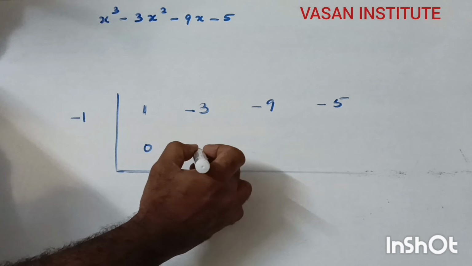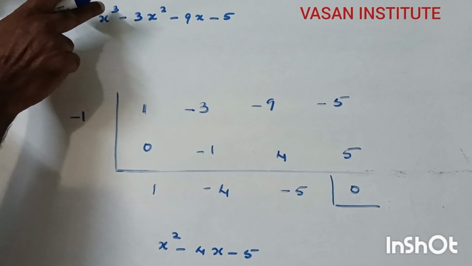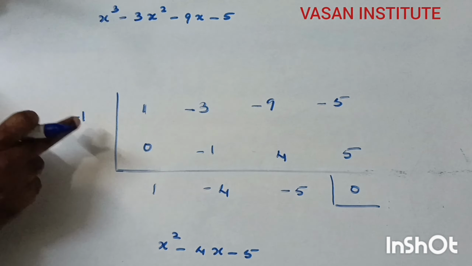Now the power is reduced to square. So write x square minus 4x minus 5. Here power is 3, we divided this polynomial using synthetic division by minus 1, so we get x square minus 4x minus 5.